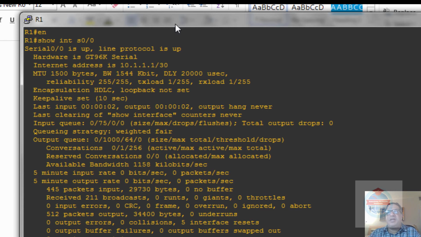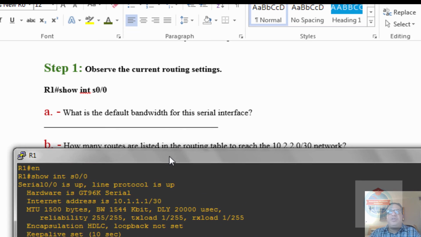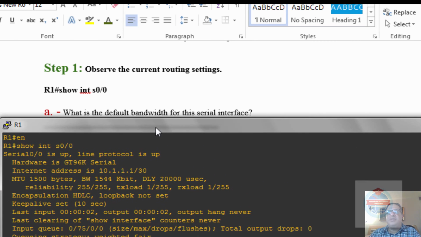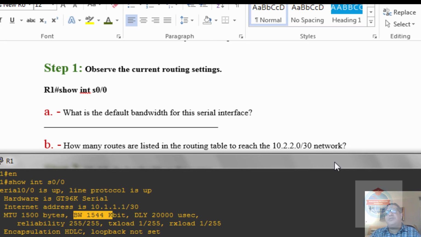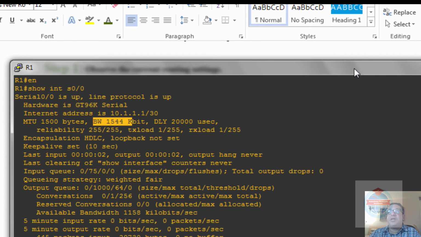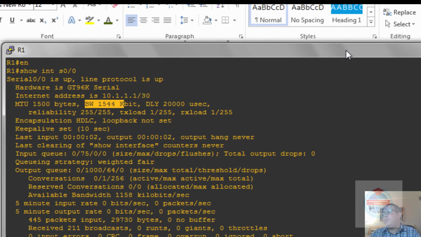So the information that they're asking for is basically what is the default bandwidth for this serial interface. Bandwidth is over here, as you can see, guys, 1544 kilobits per second. And the other question, how many routes are listed in the routing table to reach 10.2.2.0? Well, we already talked about that, guys. It's going to be two, because we have right now two equal cost paths to reach that route.